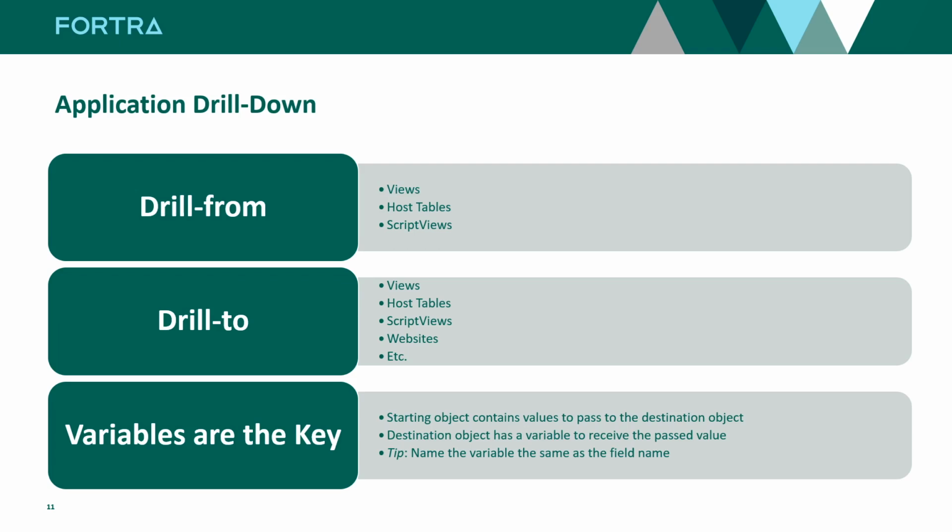The destination object has to have that value, I should say, as a variable. For ease of use, I highly recommend naming the variable the same name as the field. I know that's a bit confusing. I promise it'll get easier when you get to see it here in just a few minutes.